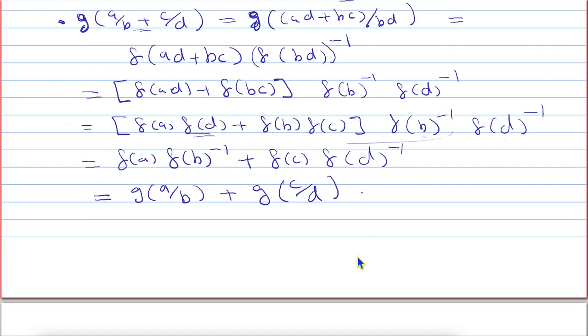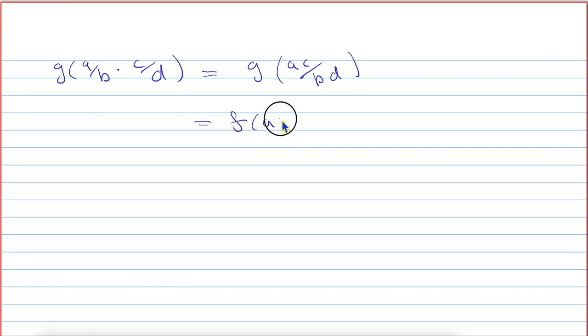Now let's check the multiplication. So we have G of A over B dot C over D. We just use the usual multiplication, so this equals AC over BD. And by our definition, this equals F of AC times F of BD, of course, all inverse.